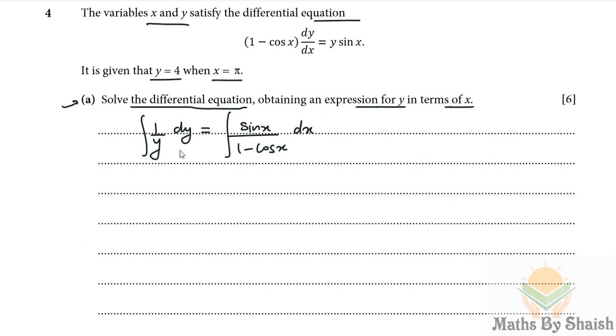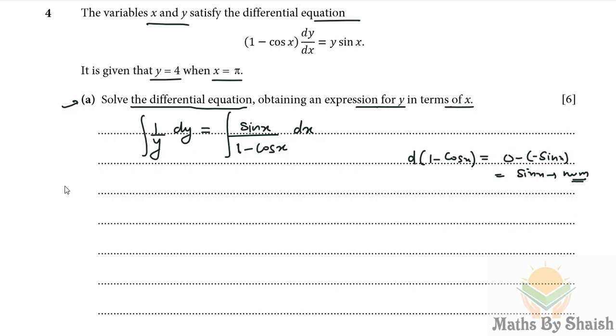The first one is ln y. For the second one, the differentiation of the denominator 1 minus cos x is going to be 0 minus sin x, that is sin x, which is the numerator, so we can directly use this as log.